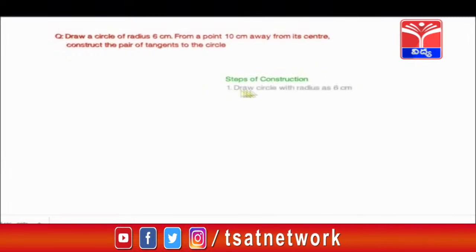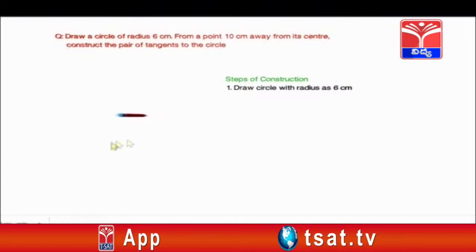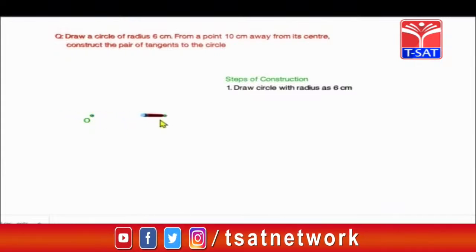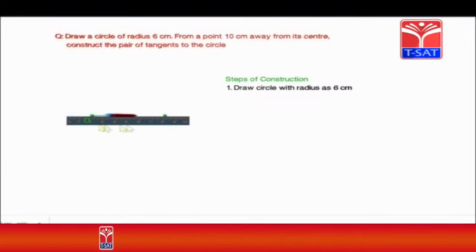So steps of construction is, first draw a circle with radius as 6 centimeters. So now I will take radius as 6 centimeters. O is the center and radius is 6 centimeters. With the scale I am drawing a radius of 6 centimeters.